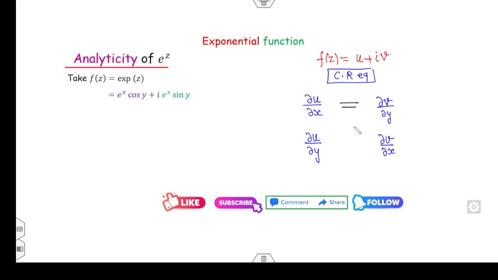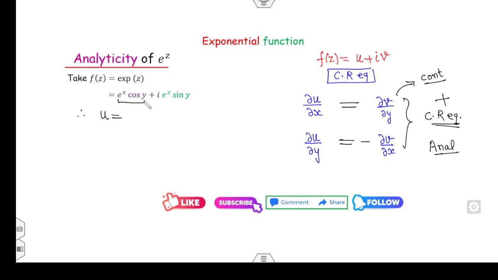Whenever these two equations are satisfied, then the CR equations are satisfied. And whenever the partial derivatives are continuous, then you can say the function is analytic. Clear?